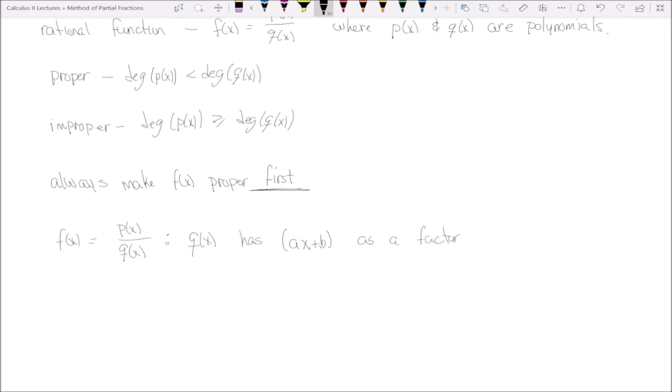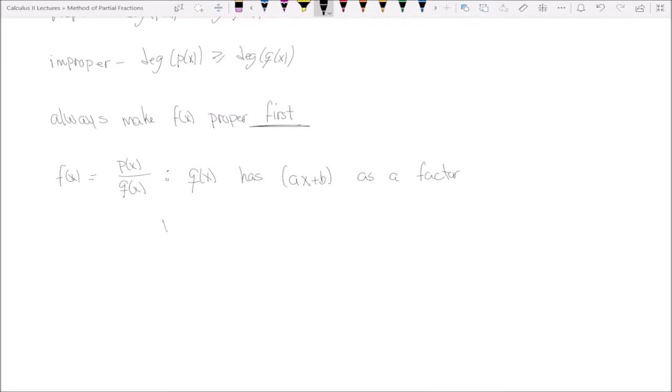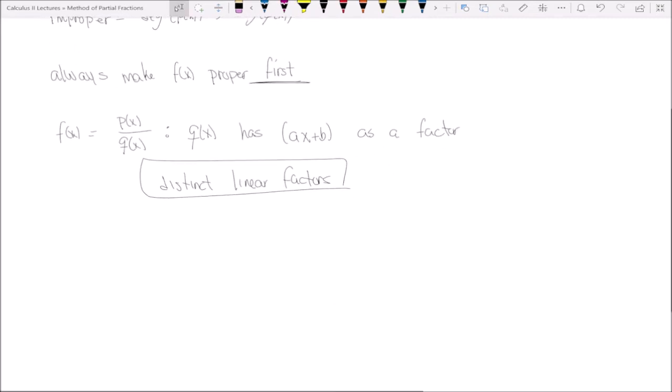In other words, we're looking at distinct linear factors. Well, in this case, the factor ax plus b contributes A over ax plus b to the decomposition.